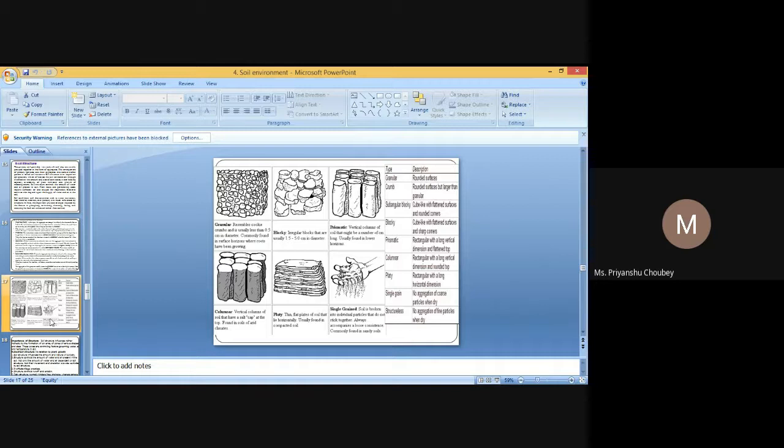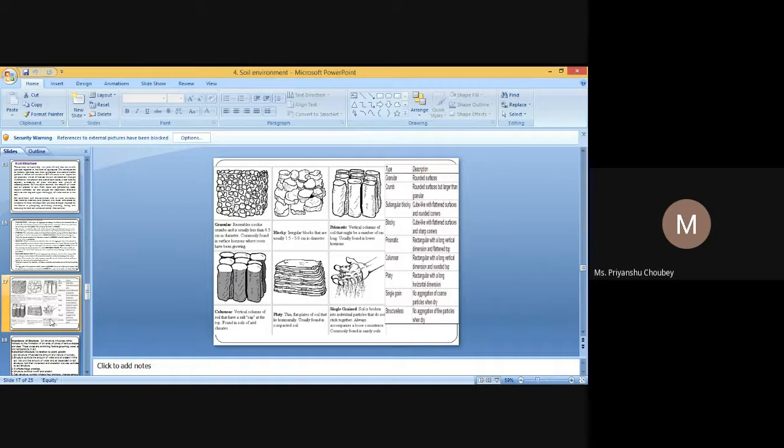Single grain: soil is broken into individual particles that do not stick together, always loose, commonly found in sandy soil. Types and description: granular, rounded surface; blocky, rounded surface but larger than granular.